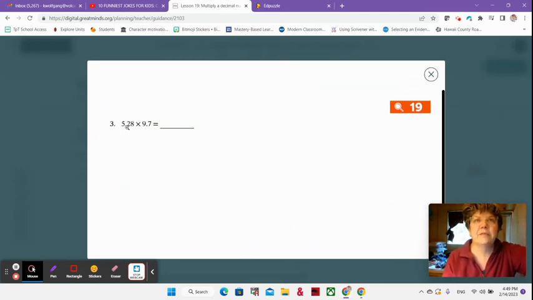And you see that it's 5 and 28 hundredths times 9 and 7 tenths. So we're going to follow the same steps. We're going to say 5 and 28 hundredths.